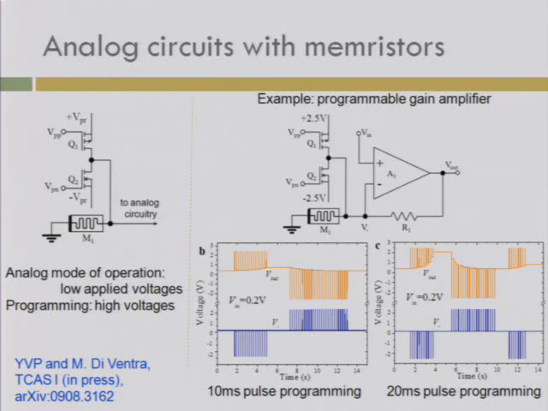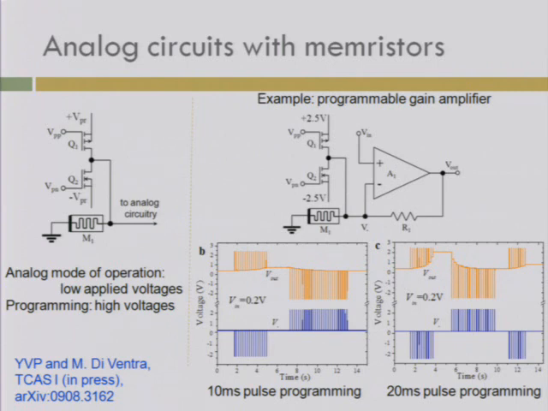So we know that many memristors have a threshold type of behavior. Therefore, when we apply low voltages, the value of the memristor stays unchanged, and it can be safely operated as an analog element. So this example shows a programmable gain amplifier.